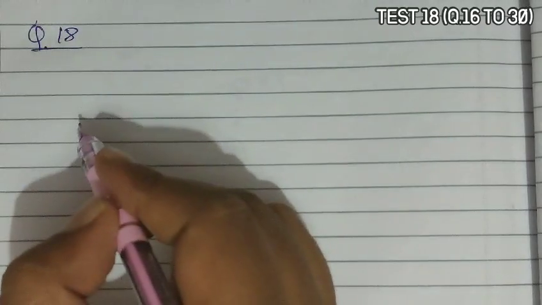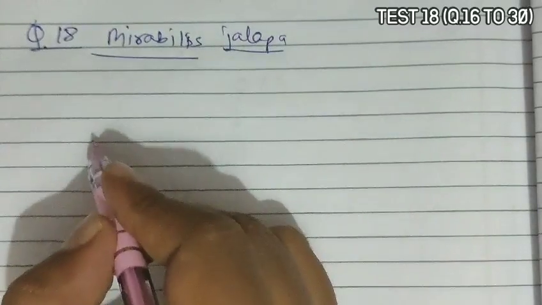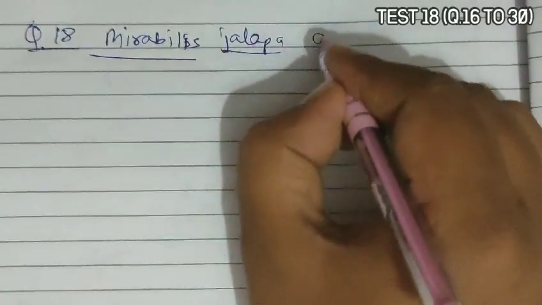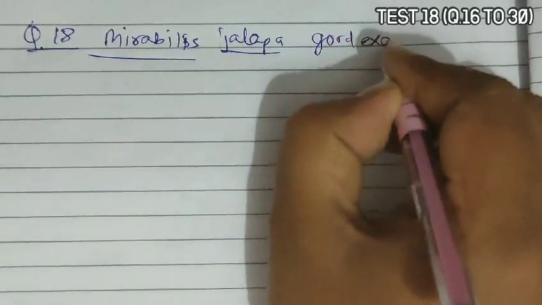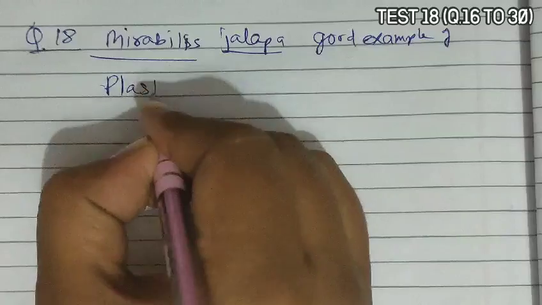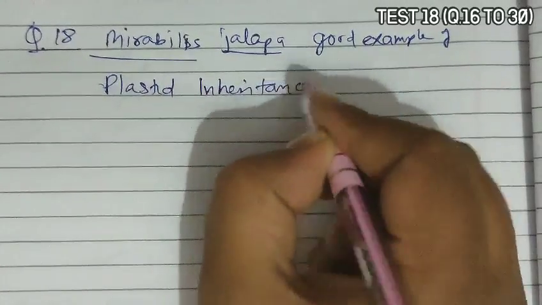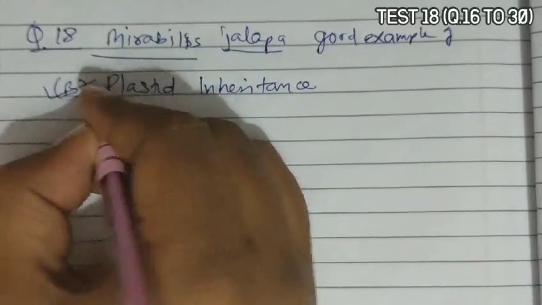Question 18 asks that Mirabilis jalapa is a good example of what. According to the options, it is a good example of plastid inheritance. So B is the correct answer. Why?